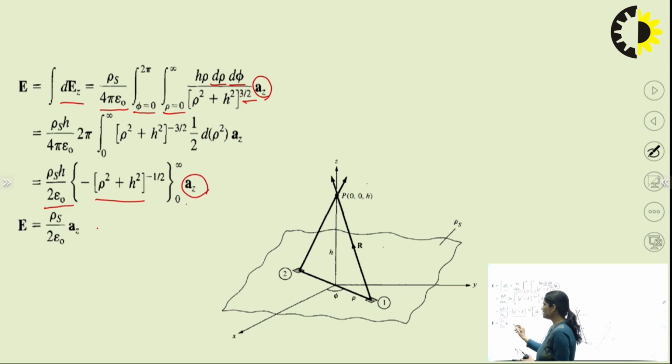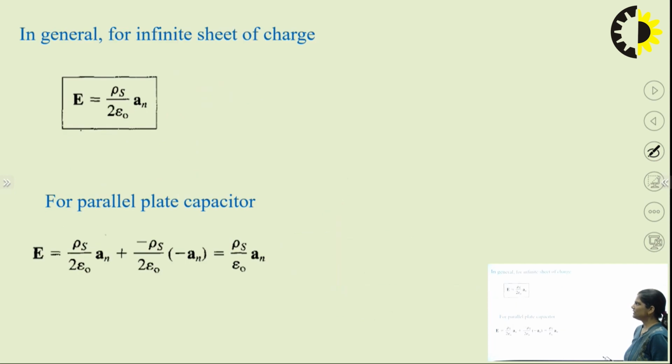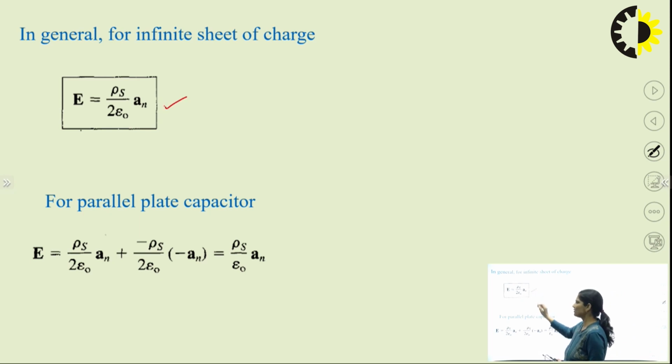Now this is the electric field intensity for surface charge, that is equal to rho s upon 2 epsilon naught unit vector of z. So this is the electric field intensity for surface charge. Now in general for an infinite sheet of charge, E is equal to what? E is equal to rho s upon 2 epsilon naught unit vector of n.